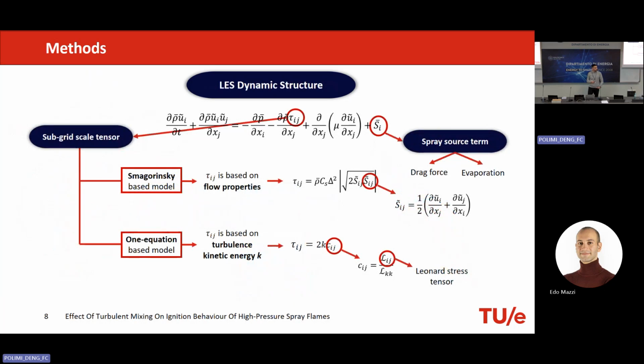Then as far as the turbulence, we use an LES. In particular, we have the dynamic structure model, which differs from the Smagorinsky-based model because the subgrid scale tensor is modeled based on one equation, which is the equation for the turbulence kinetic energy, and also because Smagorinsky-based models use a fixed constant that is case dependent, so it cannot most of the time be generalized.